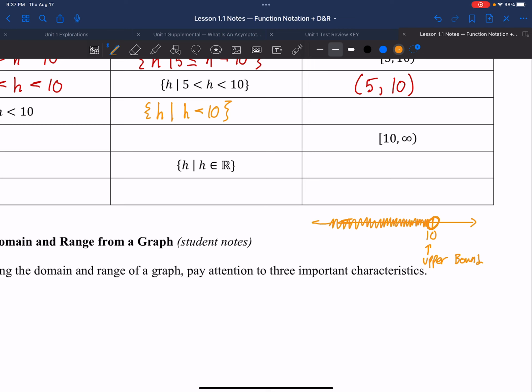It's just going to keep on going and going and going. It's going to go on to the left forever. So this is really no lower bound. We call this unbounded. We say it goes towards negative infinity. Think about that.